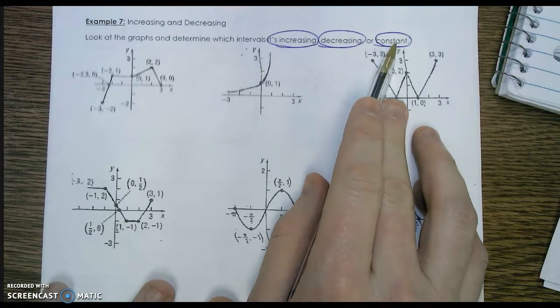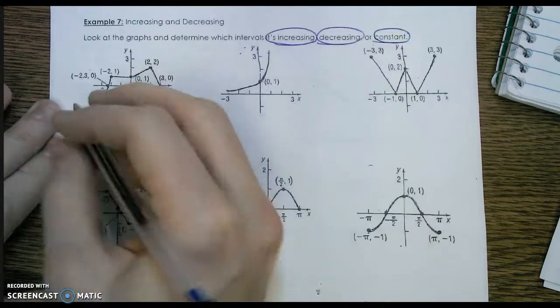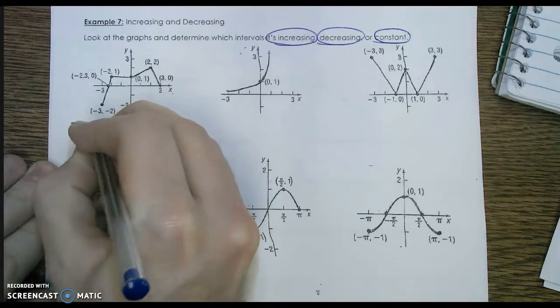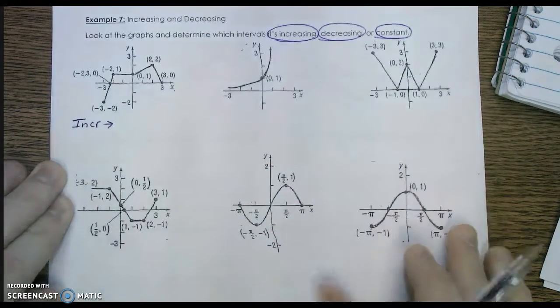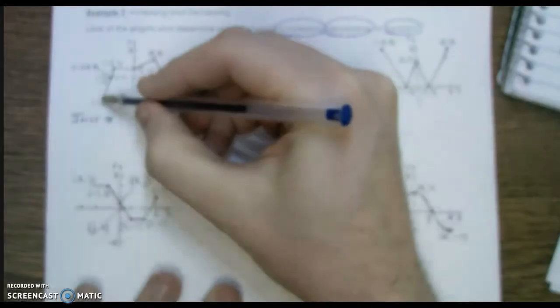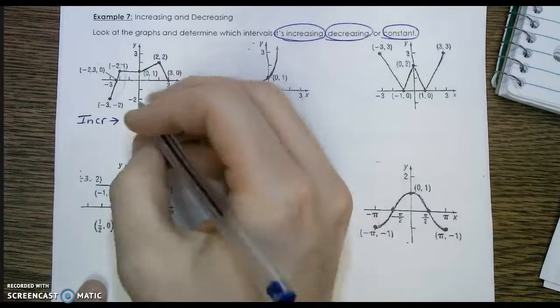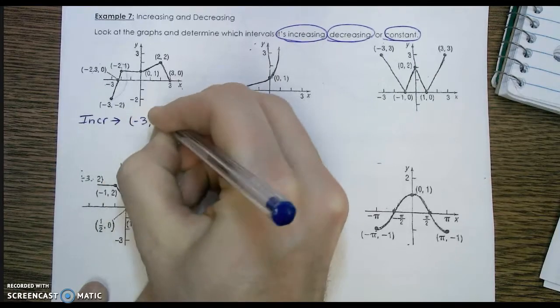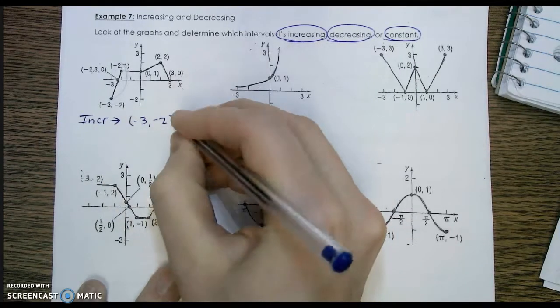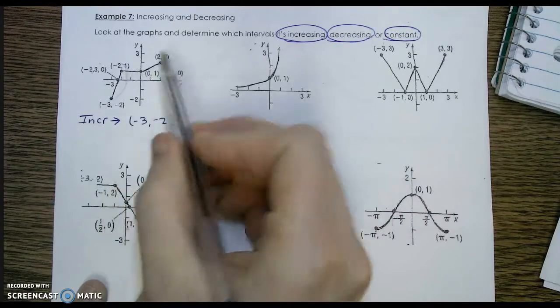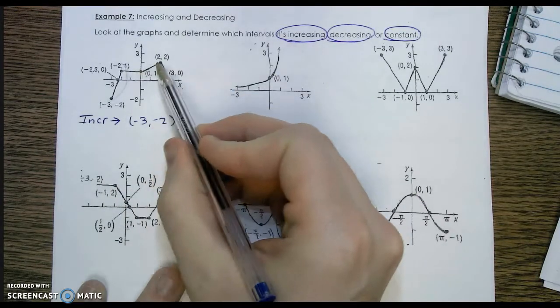So let's go through and put all of our increasing sections. So increasing. I see that this graph is increasing from -3 to -2. We're talking about x values here. I also see it's increasing here from 0 to 2.